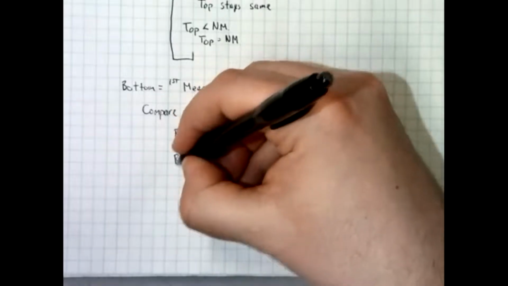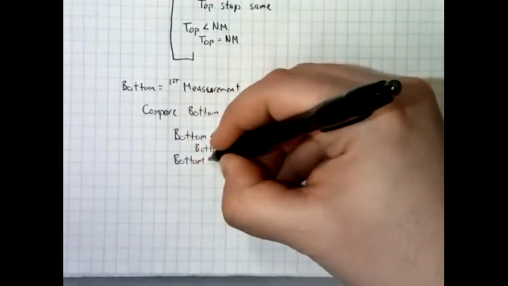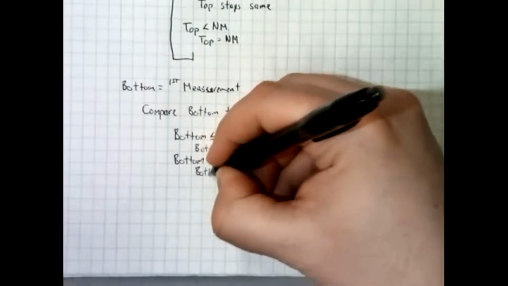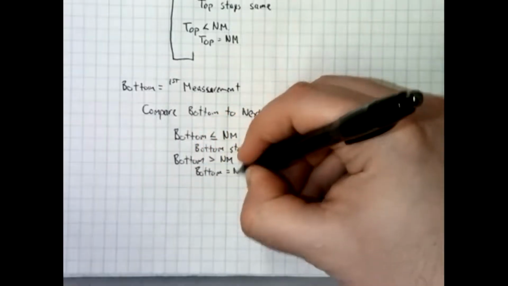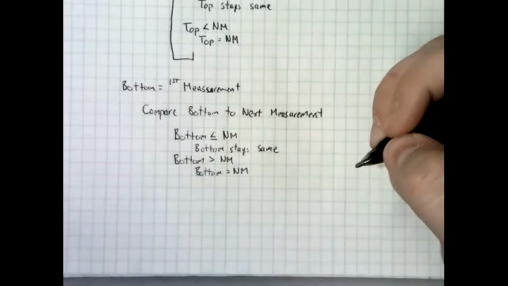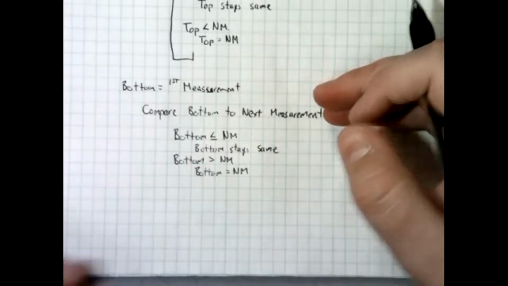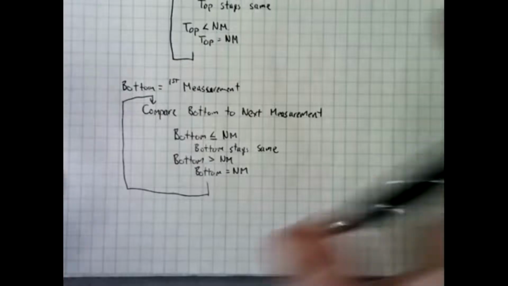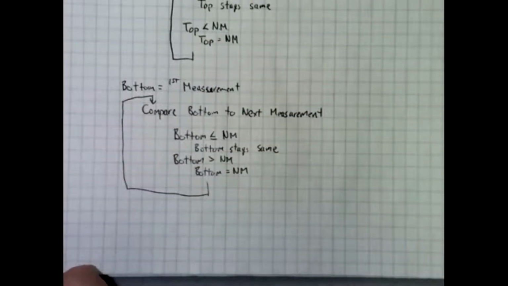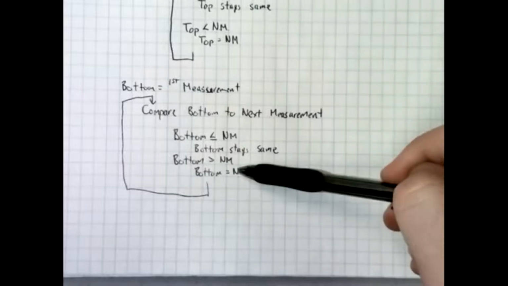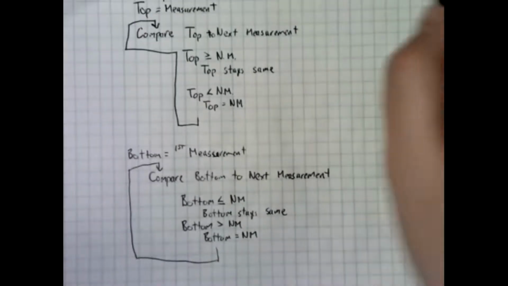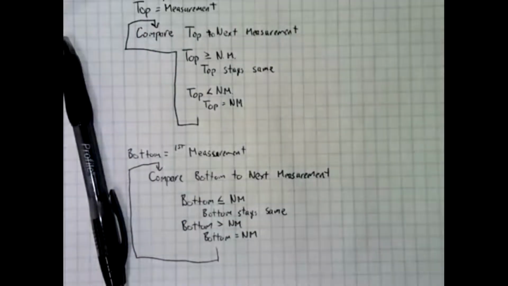But if it's greater than that new measurement, then the bottom becomes that new measurement, right? If the bottom is bigger than what our new measurement is, then we have to set our new bottom measurement. I hope this is making some sense. I don't know if it is or not, but I hope it is, because I'm going to take this mentality and apply it first to our temperature, then to our light range in here.